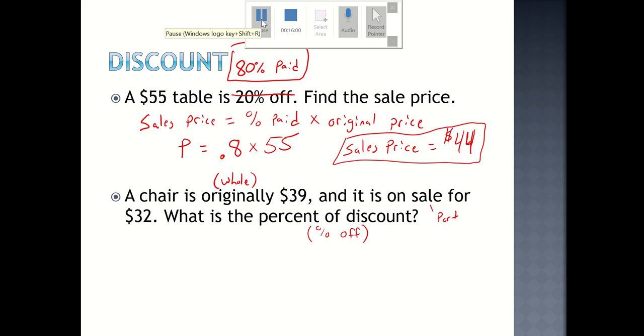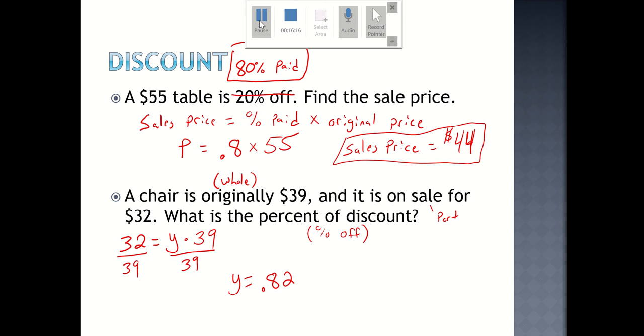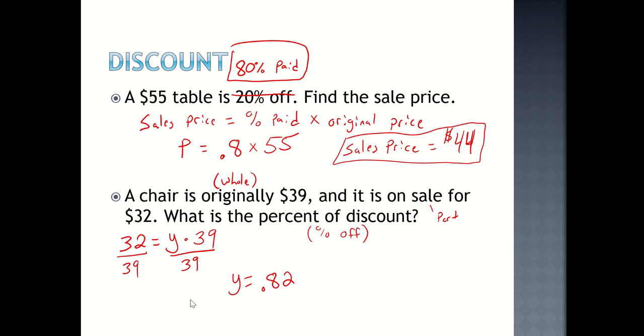First off, the percent that we paid. So the sales price, the part, is equal to the percent times the whole, y times 39. This is going to give us the percent that we paid, and then from that we can figure out the percent off, or the discount that we had. So we'll divide both sides by 39. 32 divided by 39 is about, I'm rounding to the nearest hundredth here, 0.82, which means it's about 82%.